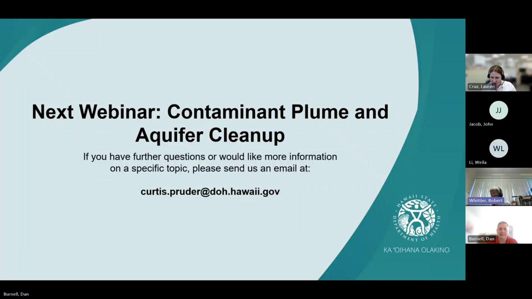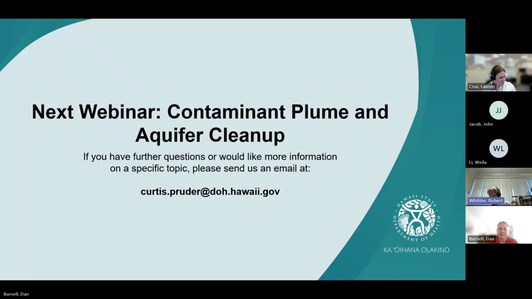Okay, there are two uses for a capture zone. One is that we usually use groundwater models to identify the zone that will contribute water to a well.